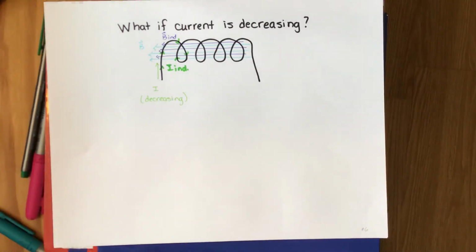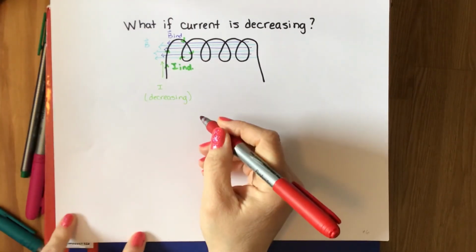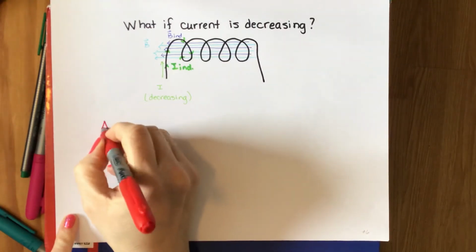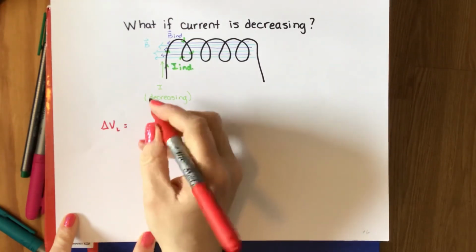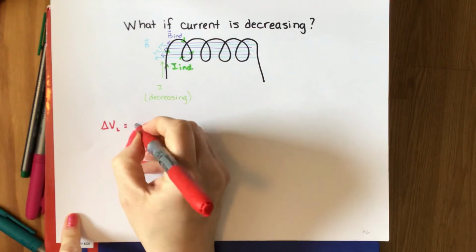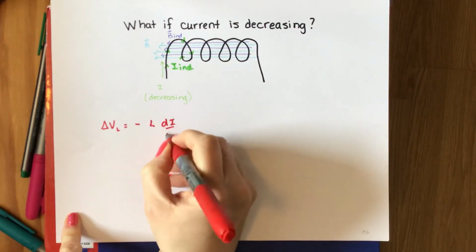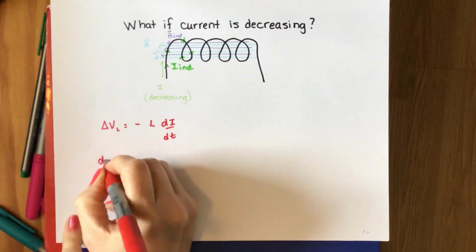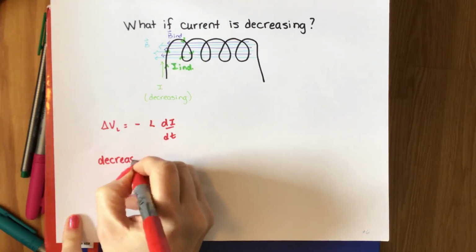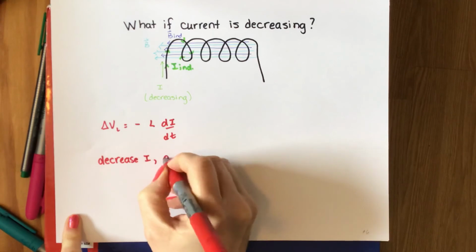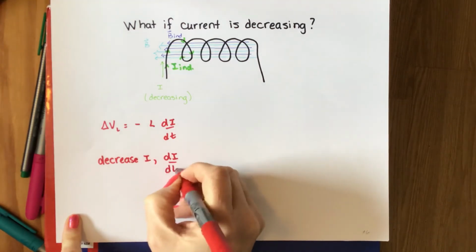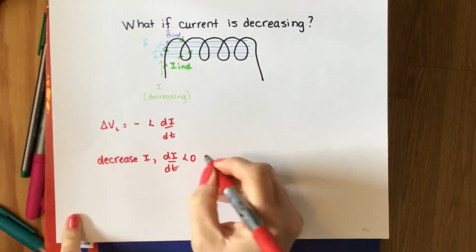Let's see how that settles with Faraday's law. If we write down Faraday's law, then our induced potential, delta V of the inductor, is minus inductance, di dt. If we decrease I, then di dt is less than 0.